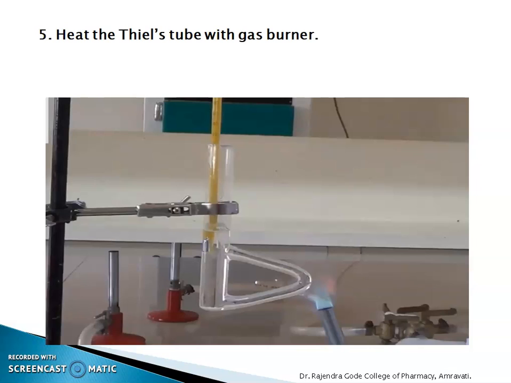The side tube of the Thiele apparatus we have to heat for some time. Due to heating of that side tube, the liquid paraffin will circulate equally and will not get a higher temperature at a specific site.